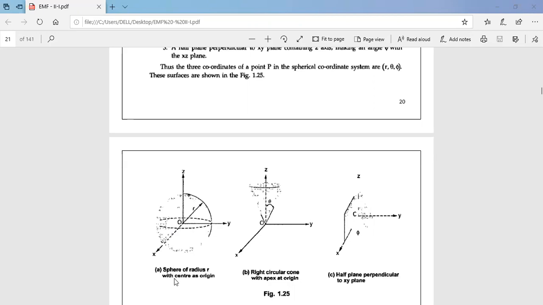So, a sphere which is centered at the origin. You have a right circular cone, and you have to go around like that. So cut the orange here. You have to go around, up, and come out.